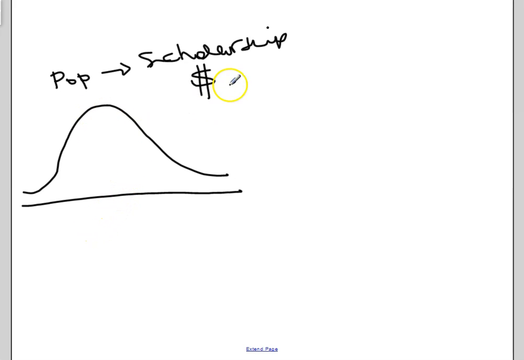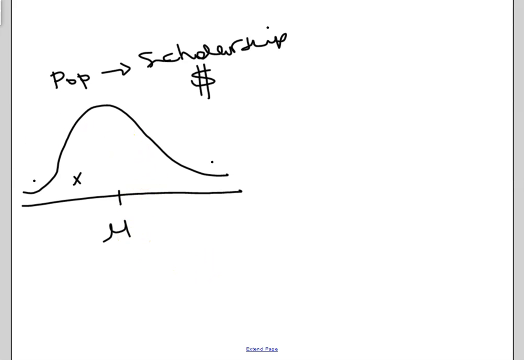But let's say this population is scholarship money, okay? And there's some true mean, some true average scholarship money that we have among the population. Inside here, these would be all the different students and the scholarship money that they got, right? So you'd have some over here, some up in here, and then you kind of have this average where most students are somewhere here, and then some have a little less and some have a little more.